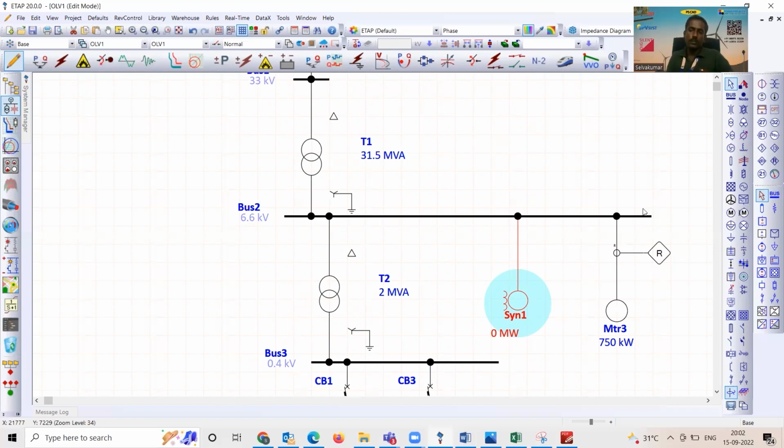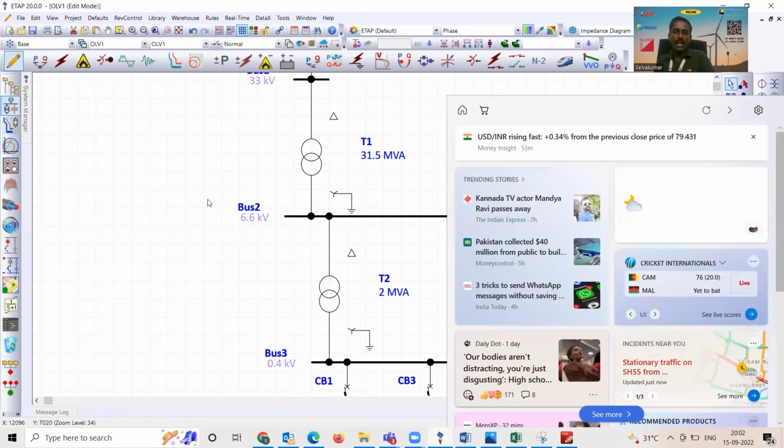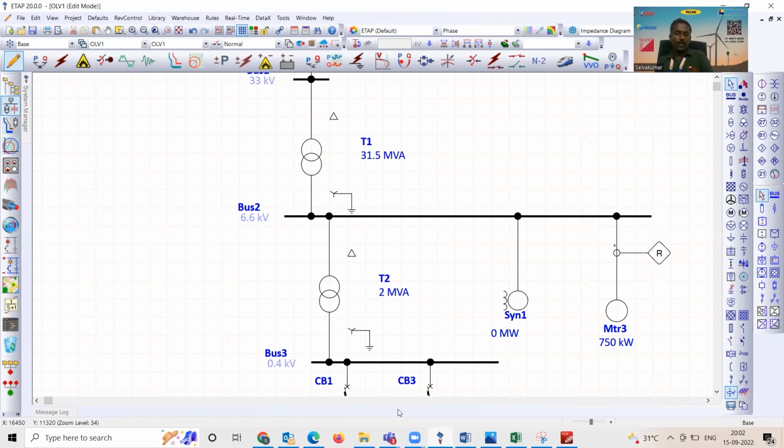You can use your synchronous machine in overexcited conditions to inject reactive power, but that goes to the overexcitation condition, and that will further increase the heat of your rotor. And if you want to get some reactive power from the synchronous machine, for applications like a synchronous condenser, you can very well use it.